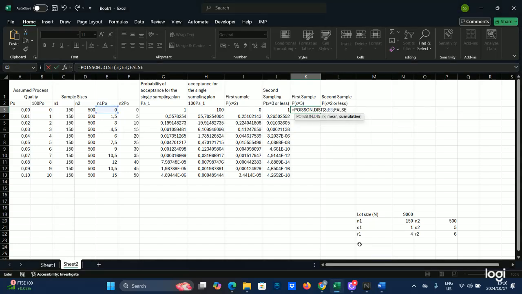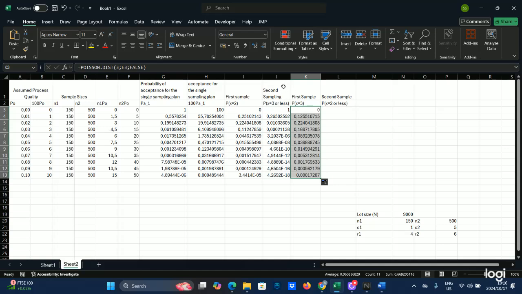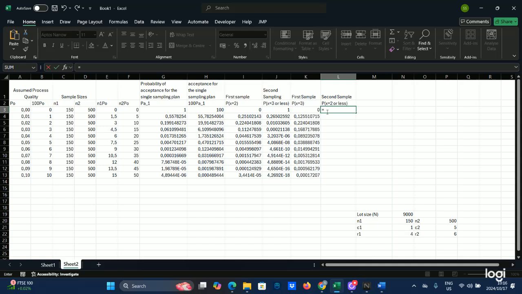And then you close your bracket, and now you will drag. Then you want to calculate the probability of the second sampling if they find 2 or less, which is also given by the Poisson distribution.